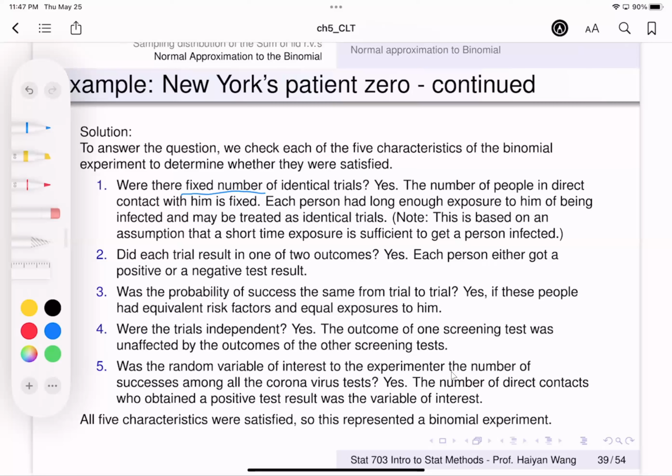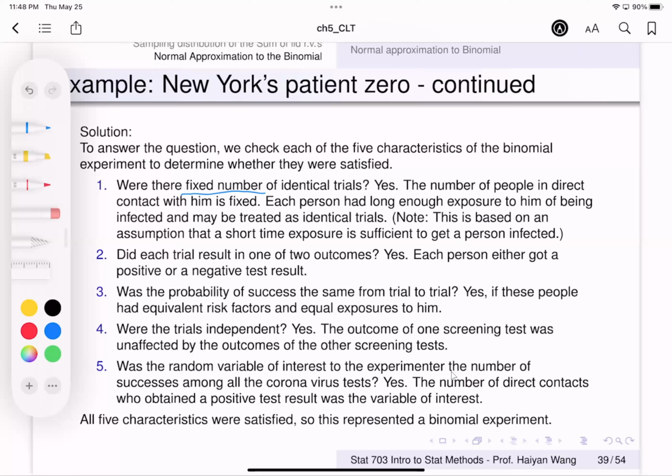So were the trials independent? Yes, the outcome of one screening test was unaffected by the outcomes of other screening tests. So they are independent. Next, was the random variable of interest to the experimenter the number of successes among all those tests? Yes, the number of direct contacts who obtained a positive result was of interest.